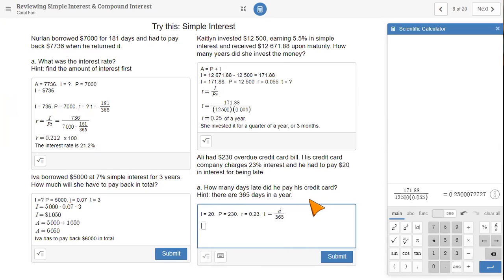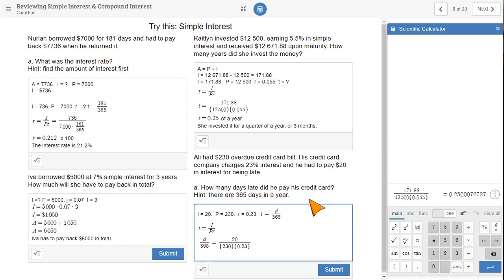So let's continue on to do our equation. We could do T is equal to I over PR. Okay, so we have D over 365 equals 20 divided by 230 times 0.23. Okay, we're going to simplify it more. I'm going to multiply the 365 to this side.